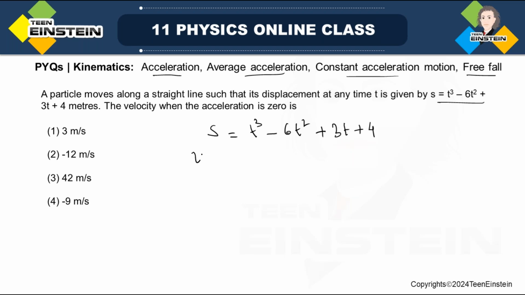See, velocity, that means you have to take simply derivative of this displacement once with respect to time. So this will be 3t square minus 12t plus 3. This is speed, or velocity. Acceleration is again dv by dt.